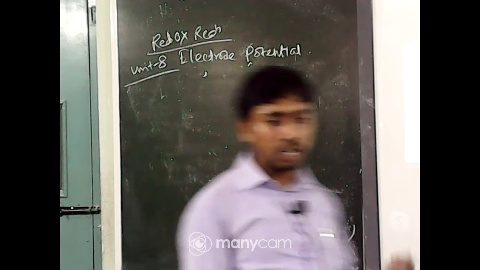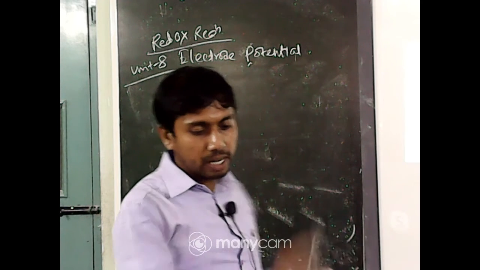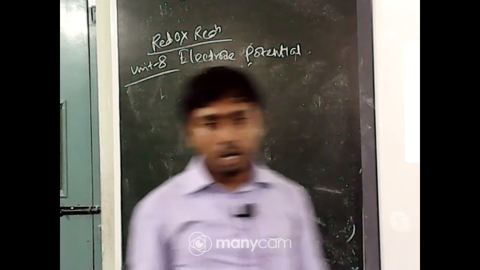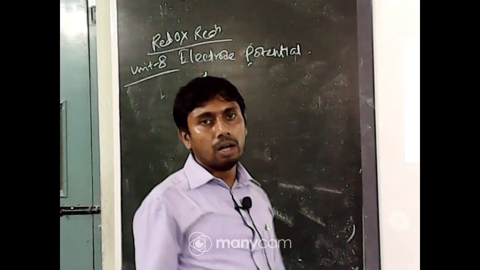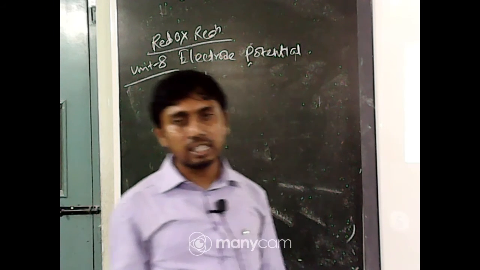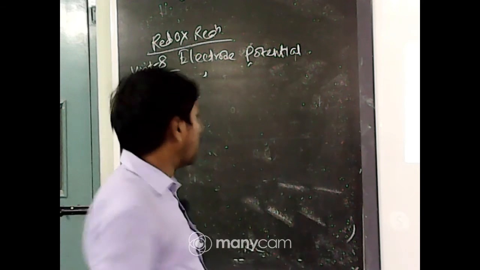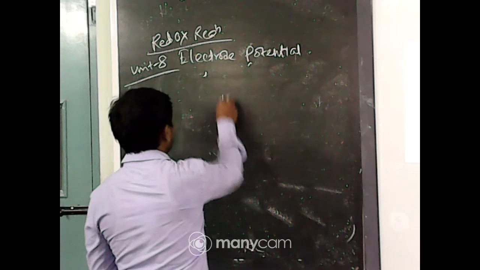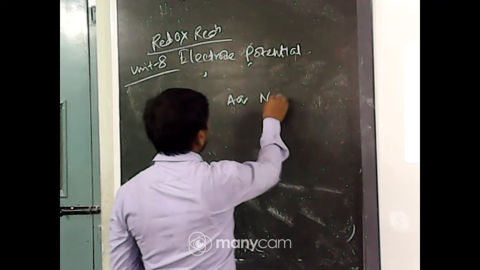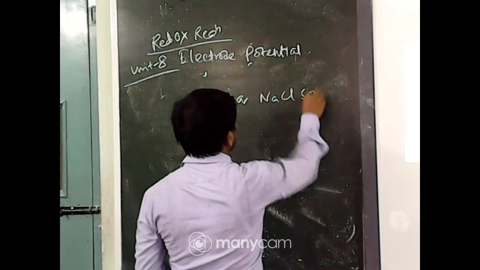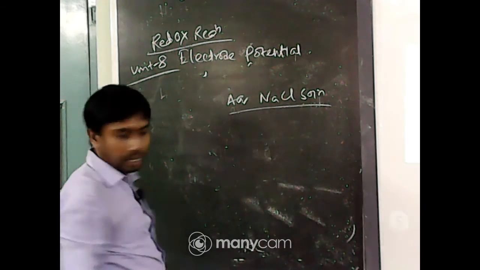Now what is electrolysis? You have the concept from class 10. Now in electrolysis there is the mobility of the ions and it depends on the discharge of the cations and anions. When we make electrolysis of aqueous NaCl solution, what happens there?